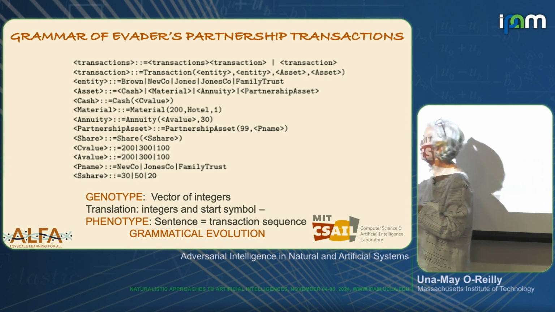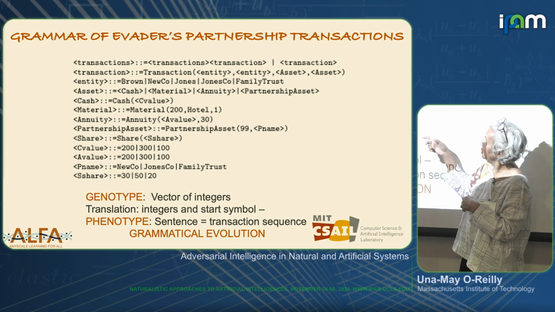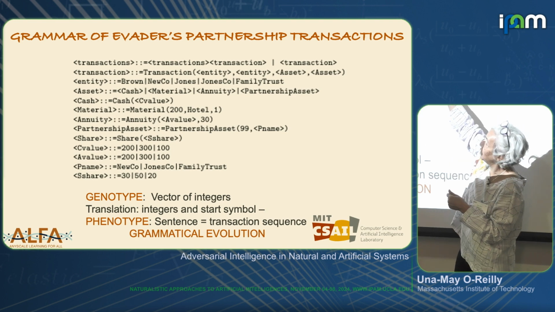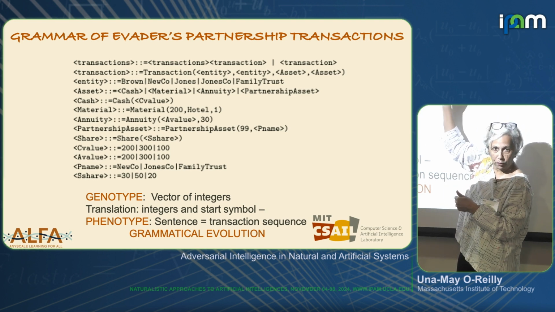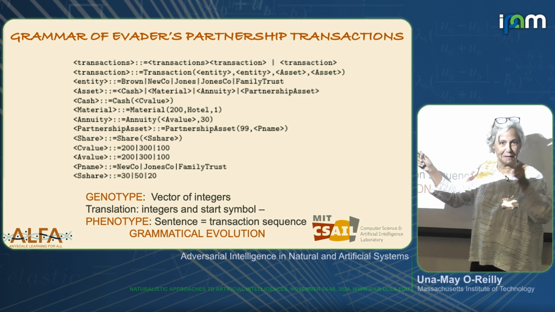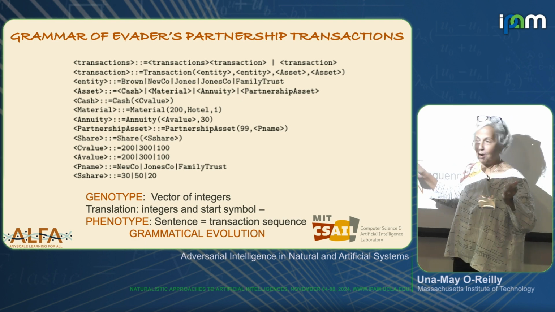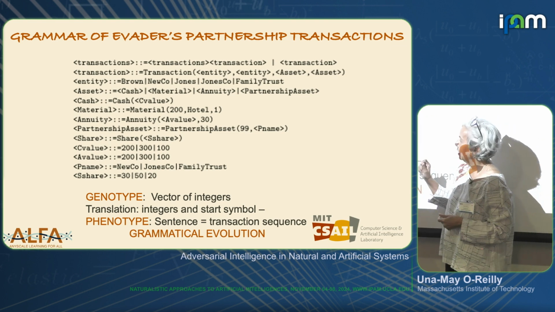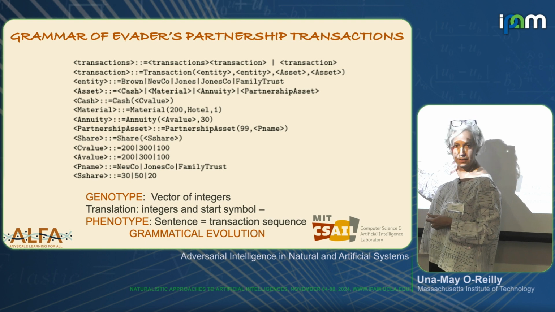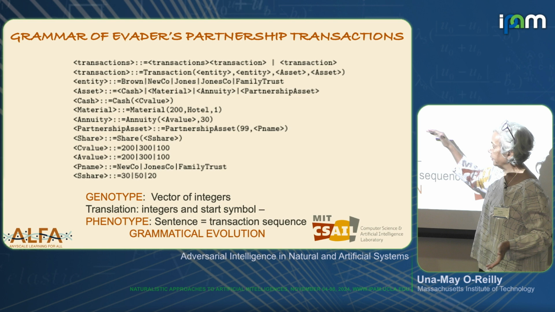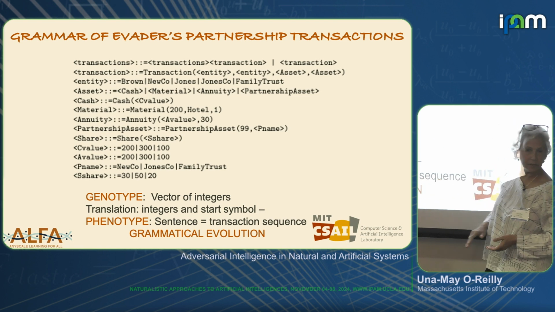And so I have a genotype, which is a vector of integers, and I use the integers plus that start symbol, transactions, to count off my choices and generate a sequence from this grammar, right? But I can take this integer sequence and modify it, and by modifying that, I get a different transaction sequence. So I'm evolving and doing variation in the space of integers, but I'm actually operating and selecting and looking at the behavior in the space of transaction sequences.